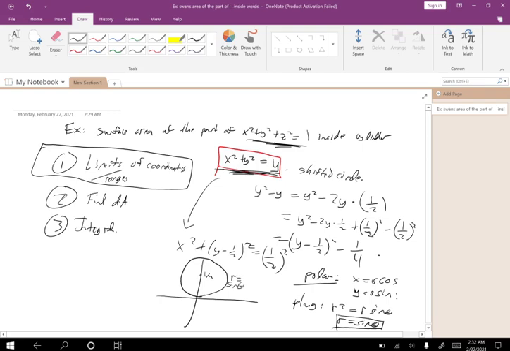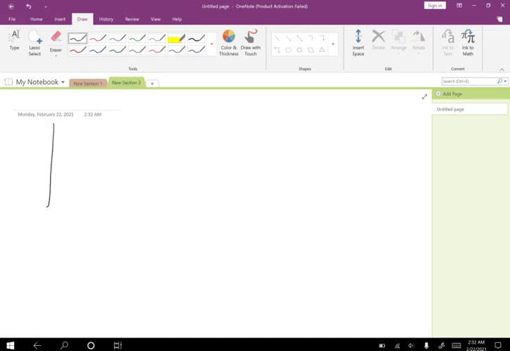Okay, so now let's just get the theta limits, because we know that the range of r will just go from 0 to sine theta when we integrate. The theta will start at 0 and stop at theta equals pi.